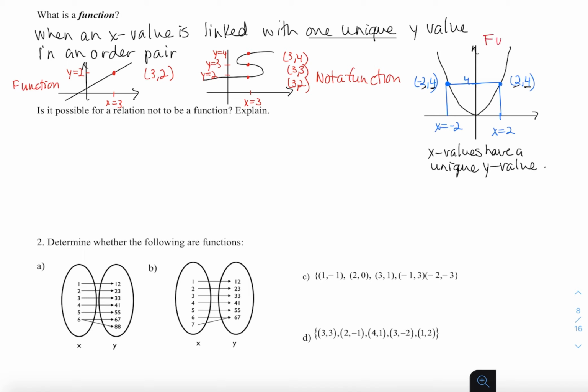So yes, this is in fact a function. You are allowed to have the same y value with two different x values, but not vice versa. Just a reminder that all of these things here are relations, but only some of them are functions.